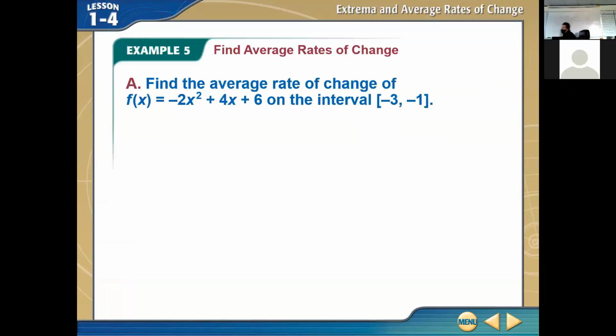So to do this fast, we're going to do this using Desmos. So I have negative 2x squared plus 4x plus 6, and I'm on the interval of negative 3 to negative 1.